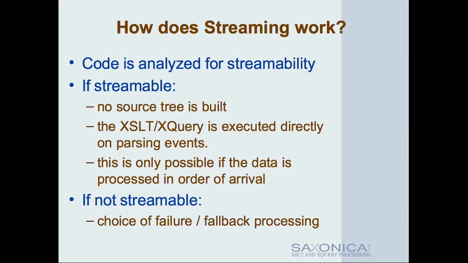So if the data your query accesses is isomorphic with the stream of events coming from the parser, then it turns out to be streamable. If it's not, which means you're doing joins or sorting or anything like that, then it's not going to be streamable. If you find that the data isn't streamable, then there are two strategies you can adopt. You can fall back to non-streamed processing, or you can reject the query. And Saxon has modes of operation where you can choose either of those options.